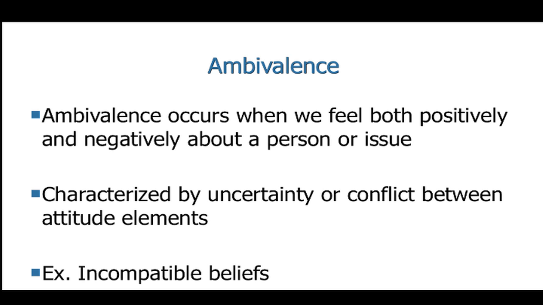For example, think about a relational partner that you might have had that had incompatible beliefs. I had a very good friend who married someone who was the opposite religion of herself. This created incompatible beliefs and a feeling of both positivity and negativity about the issue of those incompatible beliefs.